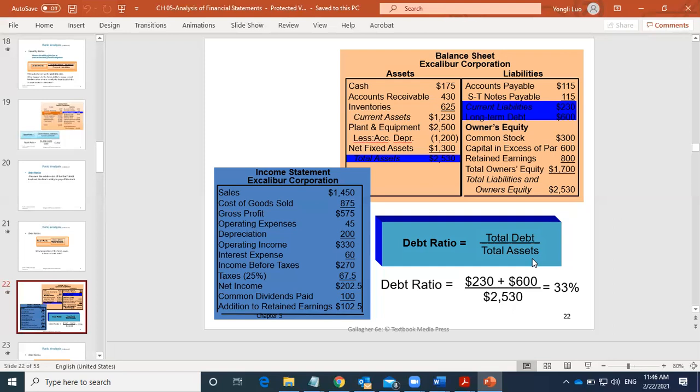But for the textbook we use in this course, just use the total debt and consider debt as liability. It's the same thing. We don't want to confuse you. So the total liability divided by your total assets is your debt ratio.